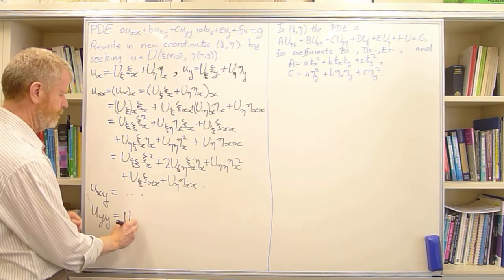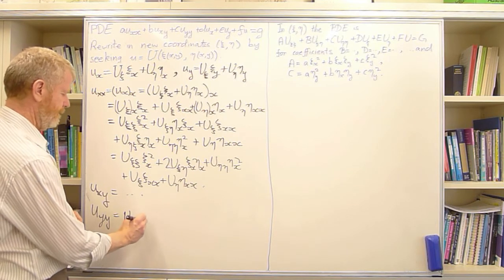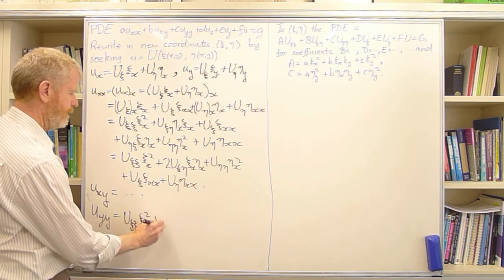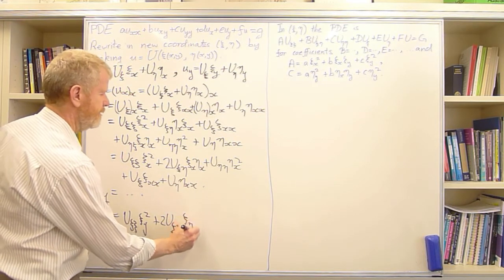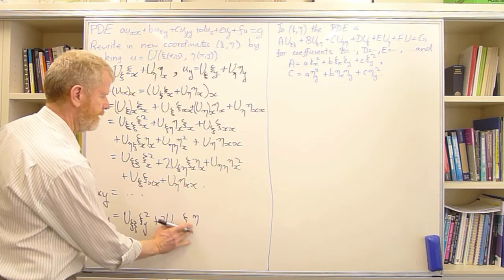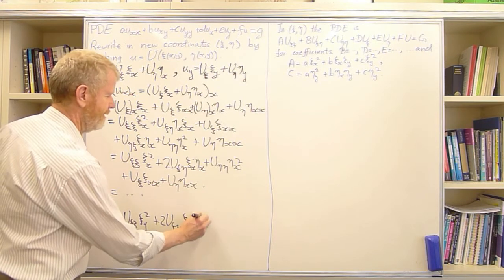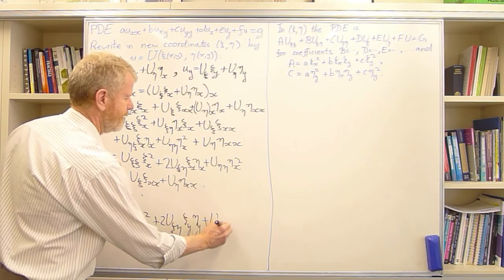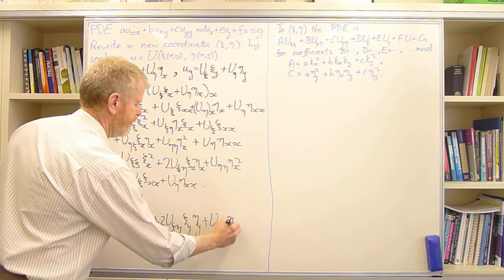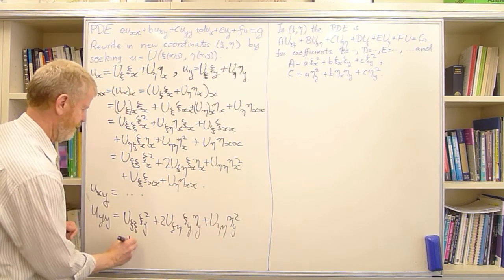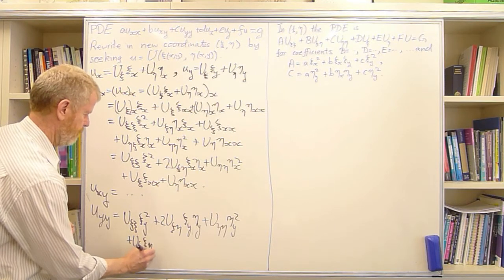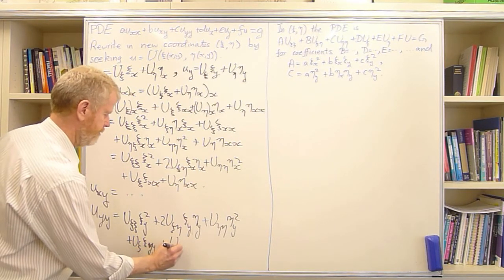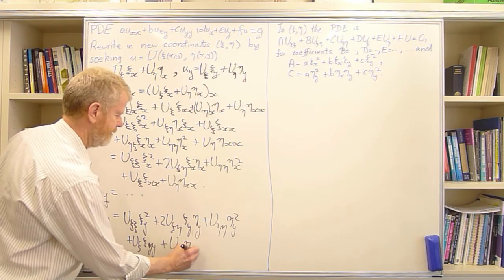So u psi psi y squared plus 2u psi eta psi y eta y plus u eta eta y squared plus u psi psi yy plus u eta eta yy.